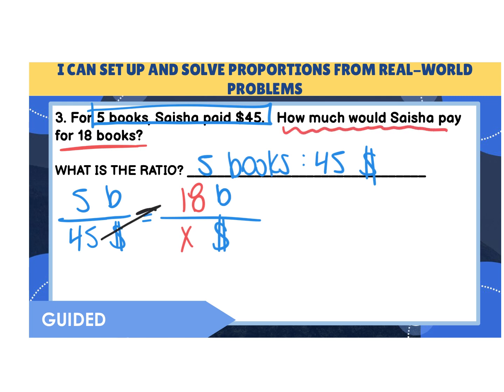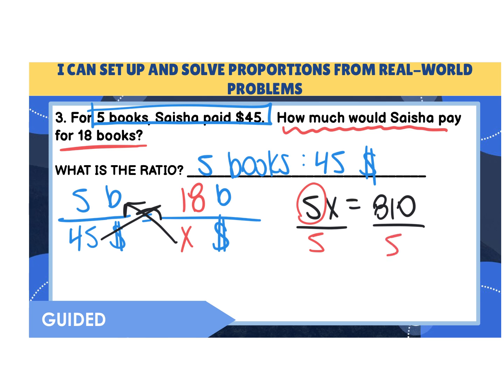So then we're going to cross multiply. 5 times X is going to give us 5X. And 45 times 18 is going to give us 810. And then we're going to divide both sides by that coefficient. So we're going to divide both sides by 5. And so X is going to equal $162.